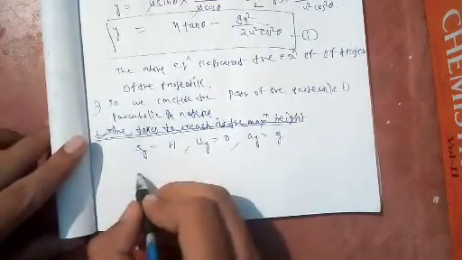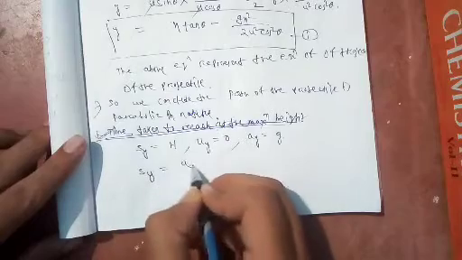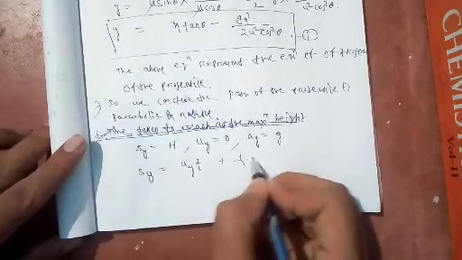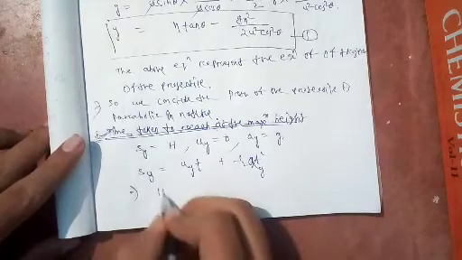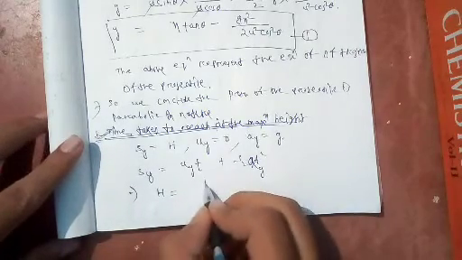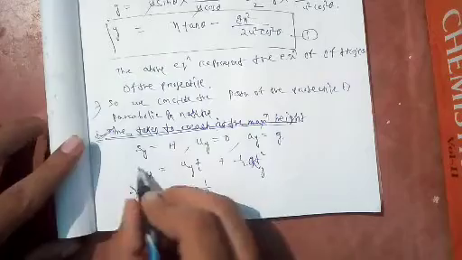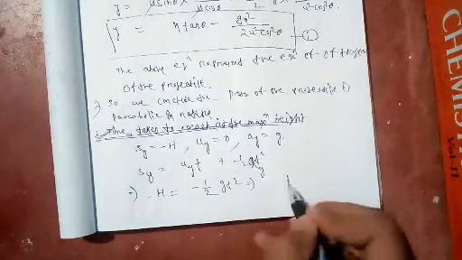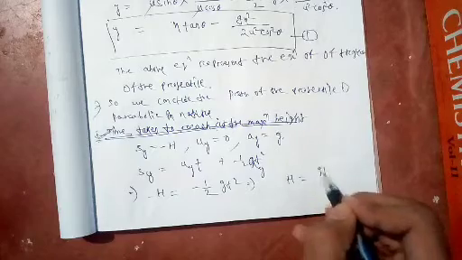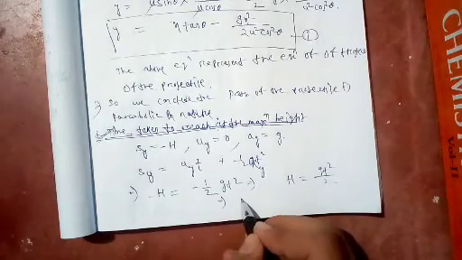Okay, then we know that s_y is equal to u_y t plus half a t square, half a t square in y direction, that is h is equal to u in y direction, that is 0, minus half, so we will take that as minus h, that is minus h is equal to minus half g t square, that is h is equal to g t square by 2.